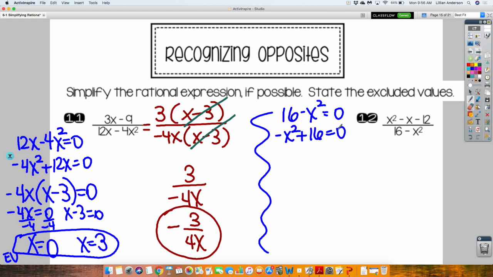Remember, anytime that first term is negative, you should factor out a what? No, that would be a 0x if you wanted to do that. If I factor out a negative 1 from both of these terms, that leaves me with x squared minus 16.